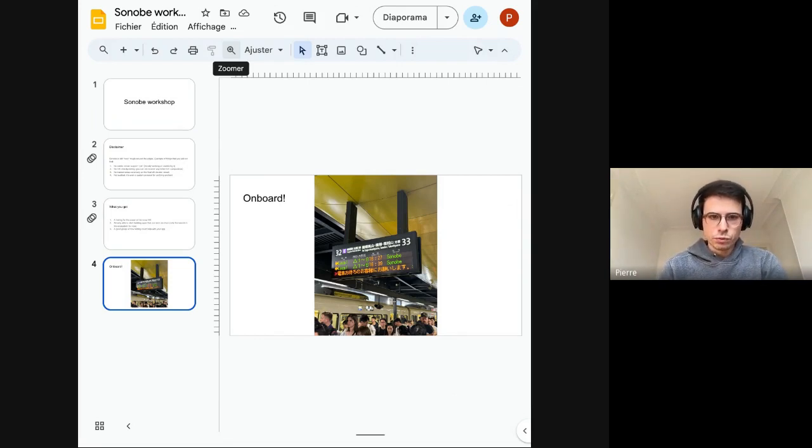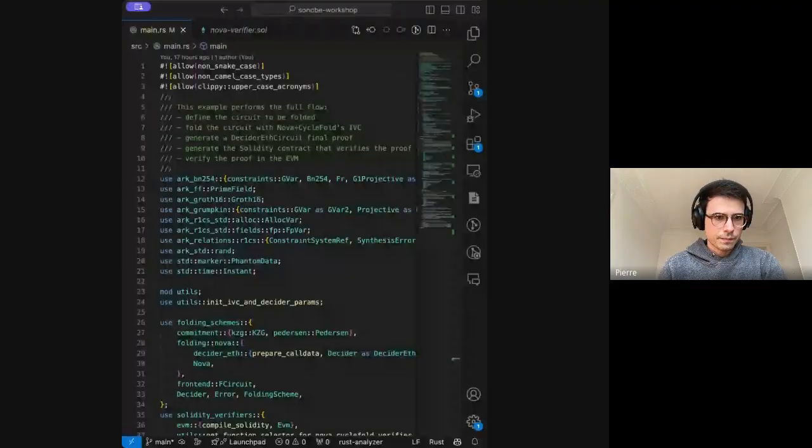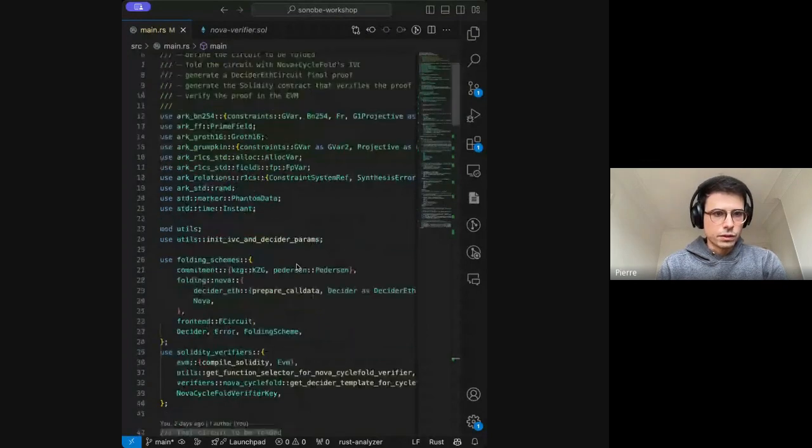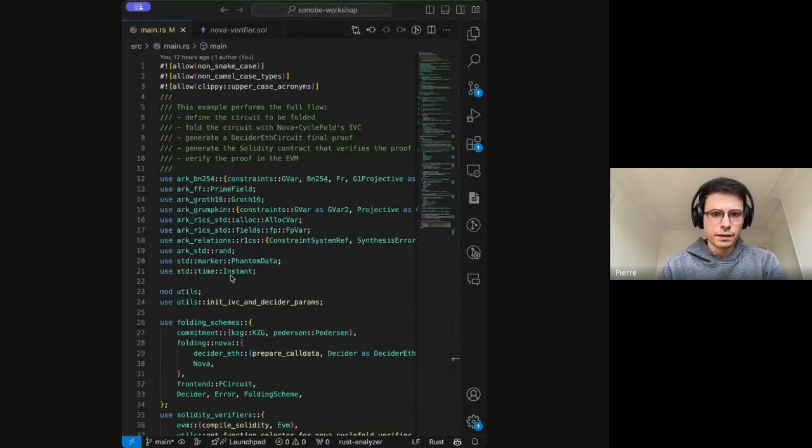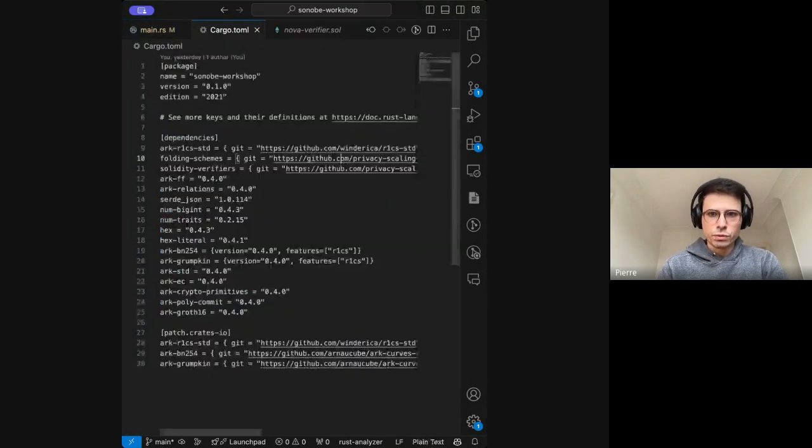So I'm going to start with sharing my screen. Okay, so this is the repo, and I'm going to start with the Cargo.toml.